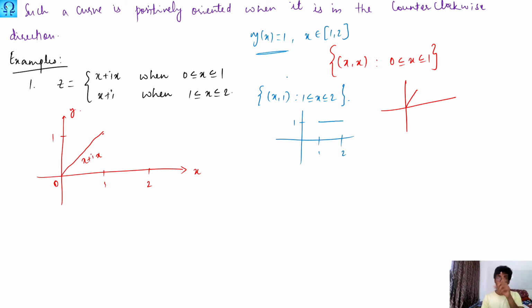Similarly, for the first case, y of x is x, where x takes values in this interval. If you put these in this form, you can easily draw them, and you notice that this is happening.